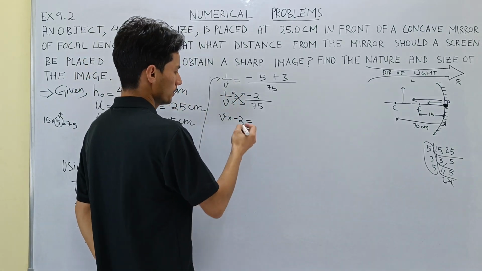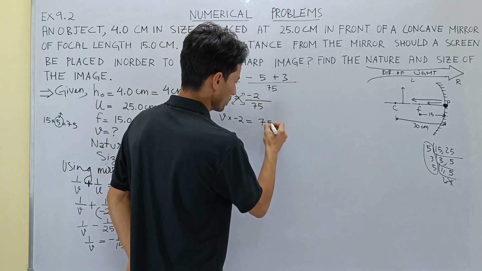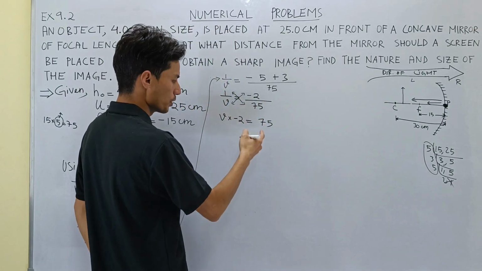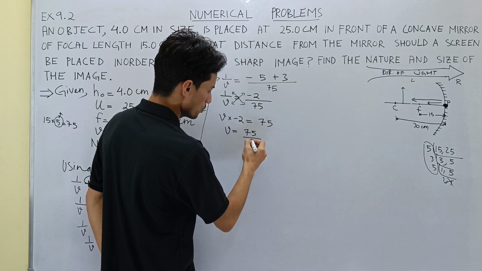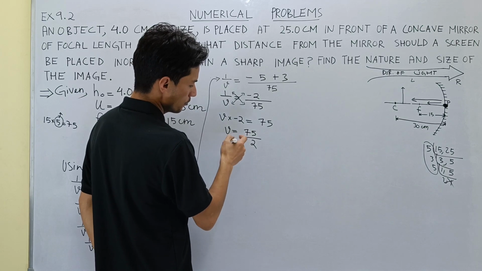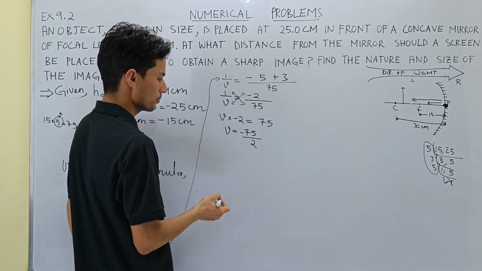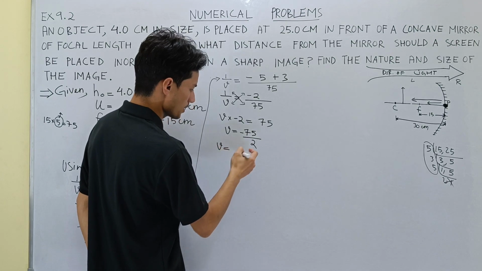So 1 into 75 will be 75 only. So these two will go below 75. V will be here, 75 already there, and minus 2 will go below. This negative sign will be brought to the numerator because the denominator does not carry a sign. And now we will divide and get the answer of V.